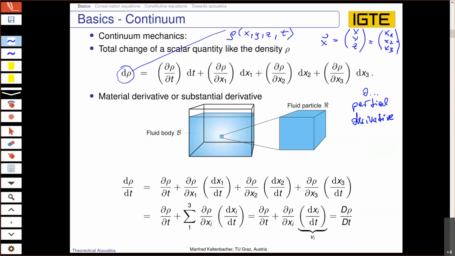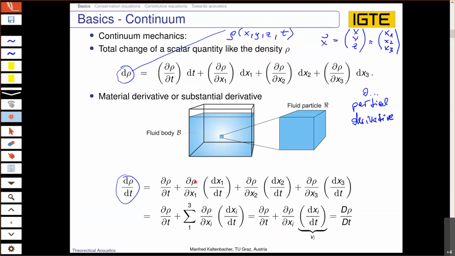Okay, now if we divide our equation as written here by the total change of the time, we get this total derivative of the function rho, which is for us the density, a scalar function, with respect to time. As you can see when we divide it, it gives us, as shown here, the change with respect to time.